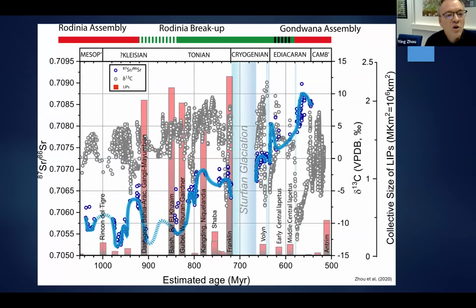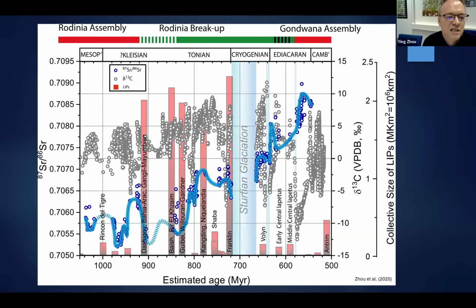If you look at even longer timescales, this is from Ying's work in the Neoproterozoic, and we can see that there are clear shifts downwards, which she correlates with the eruption of large igneous provinces, the most well-known being the Franklin igneous province, which again has been related to the onset of glaciation.